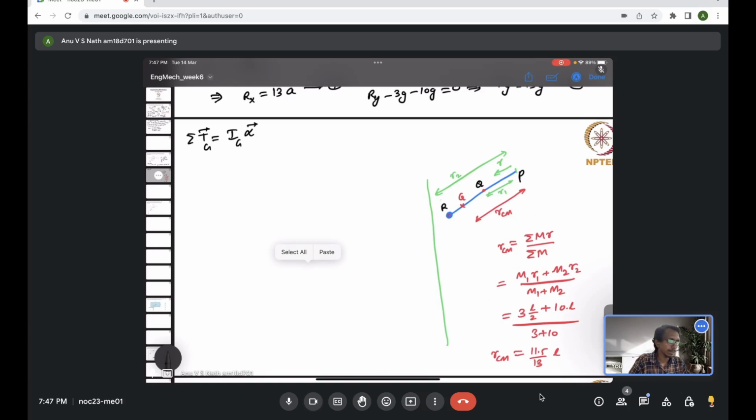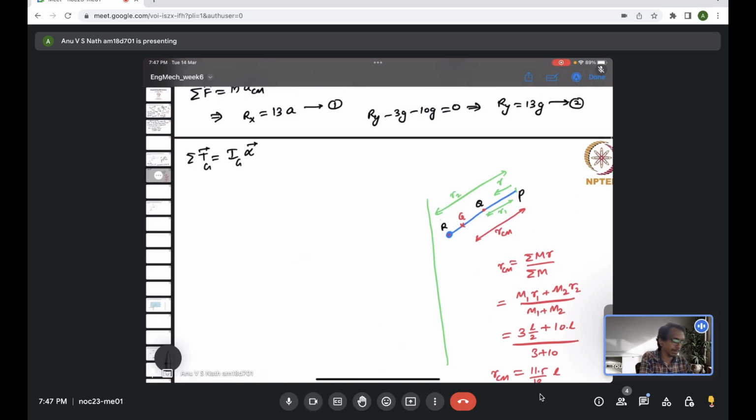Now we have located the point G, so we have to evaluate the torque about point G.